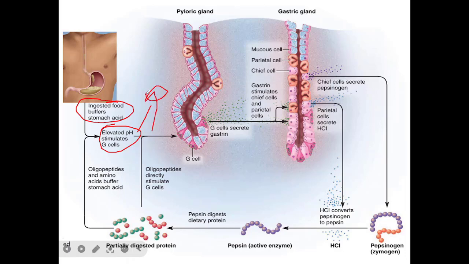At the same time this activity activates the G cell of our stomach, which is in the pyloric gland. So this G cell synthesizes the hormone gastrin ማለት gastrin ያመርታል። So this gastrin, since it is a hormone, is transported through the blood into the gastric gland, and one of the gastric gland cells is the parietal cell.